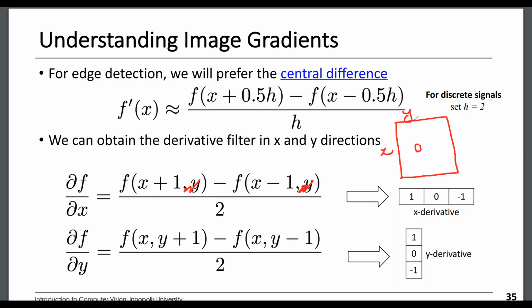When you're deriving in one direction, you're not going to be thinking about the other one. So it's going to be f of x plus 1 minus f of x minus 1, divided by 2. This is the formula for obtaining the first derivative. The first derivative in the other direction would be to fix x and move the y, but it stays the same formula.